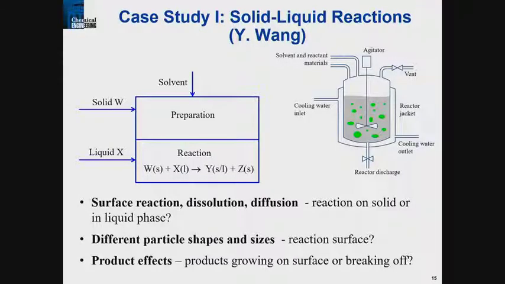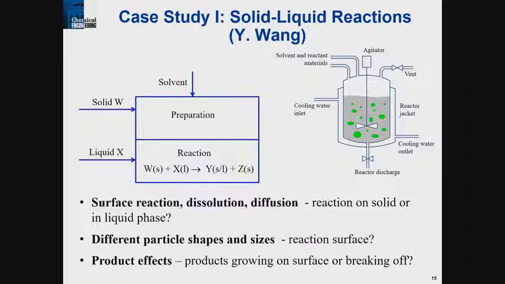So you have this solid-liquid reaction. You put together a liquid reactant, you put in a salt, and you put this in an organic solvent. Now this is going to react, the solid and the liquid forming another solid, actually two more solids. And the question is, how does this happen?